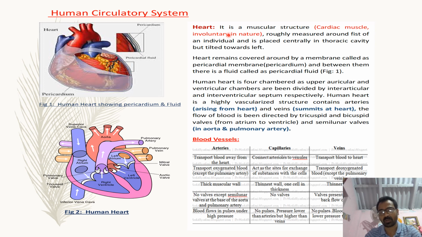It is around the size of an individual's fist. It is made up of cardiac muscle. It is involuntary in nature, and it is covered by a membrane called the pericardial membrane or simply pericardium. In between the pericardium and the heart there is a fluid called pericardial fluid.